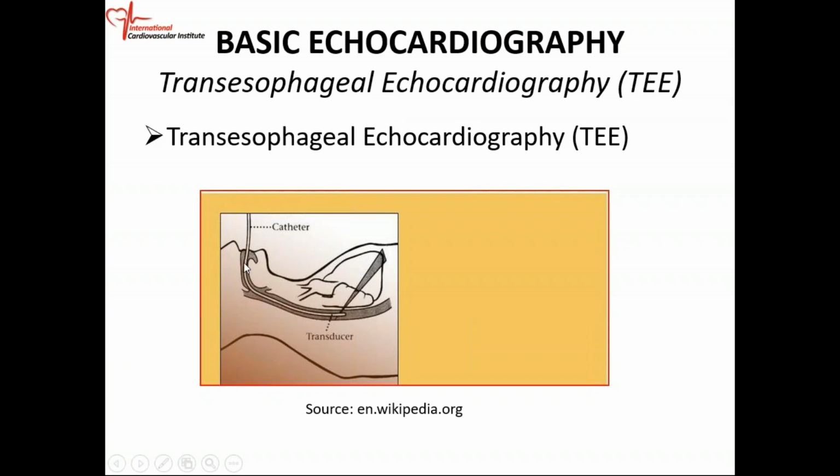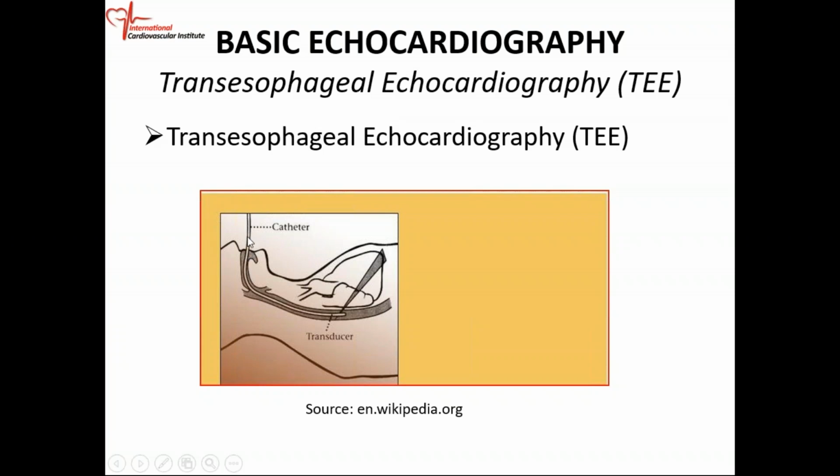Essentially, this is the oral cavity, the pharynx, and then you get into the esophagus. This is the esophagus right here, and then the heart is just above. The patient is lying down, so the heart is superior to the esophagus, and this is your probe.